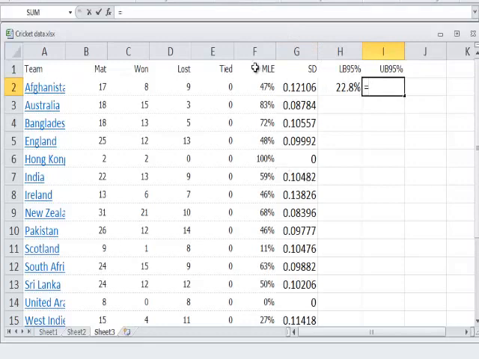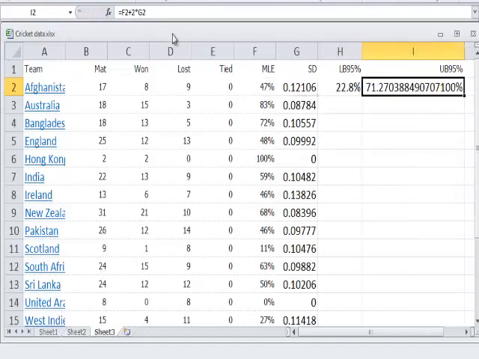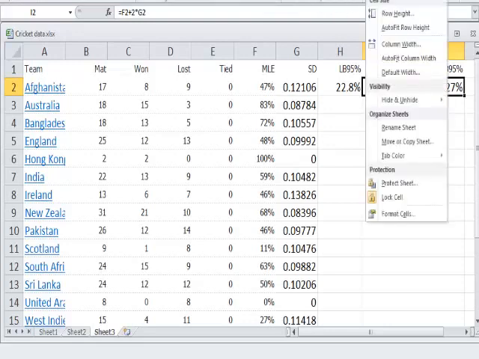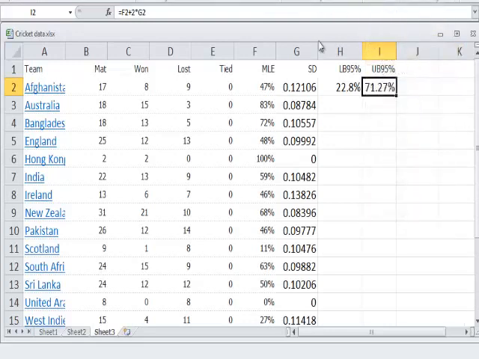Equals this plus 2 star this. Okay, so now I have got the upper bound and the lower bound.